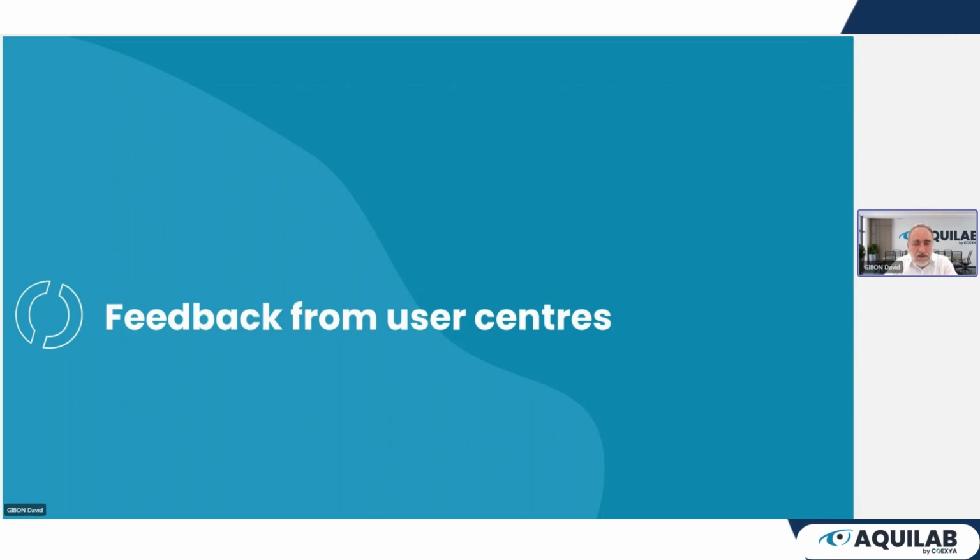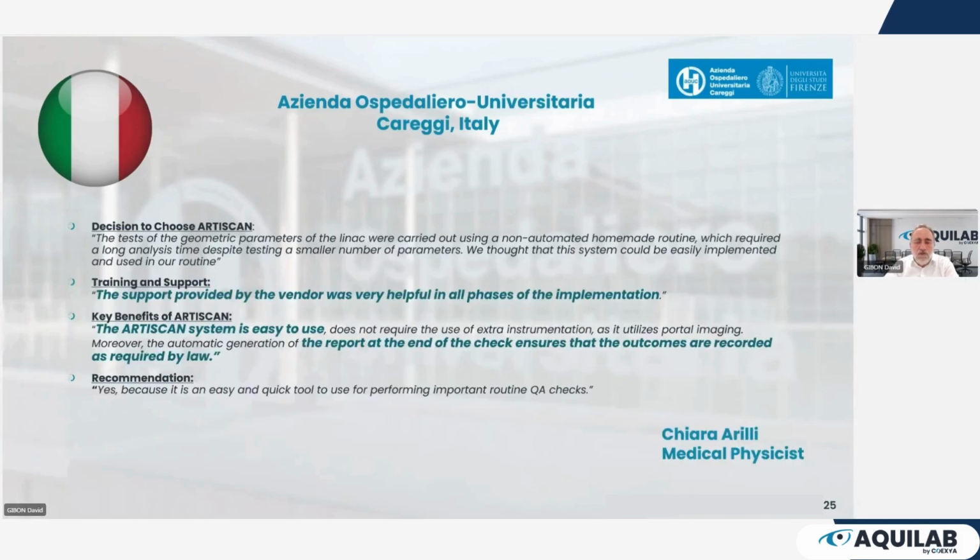Thanks a lot, Thierry, for this demo of the main functionalities of ARTISCAN software. I hope that it gives you a good overview of all the possibilities of the solution. I would just like to finish this webinar with some feedback from user centers. We randomly chose two.